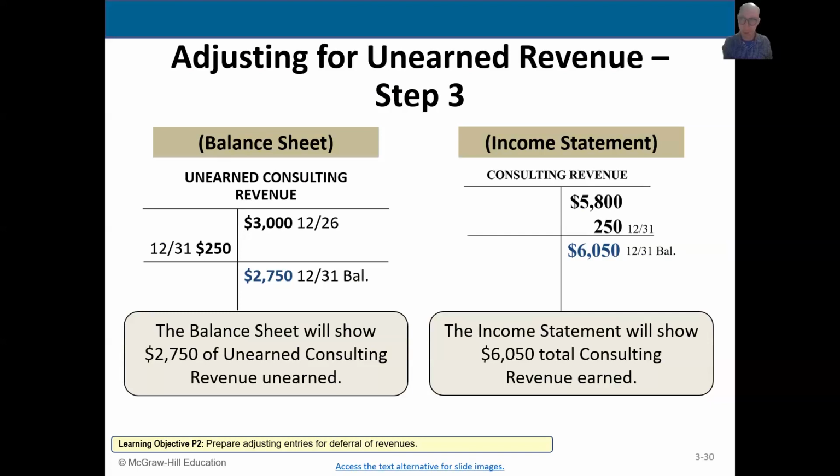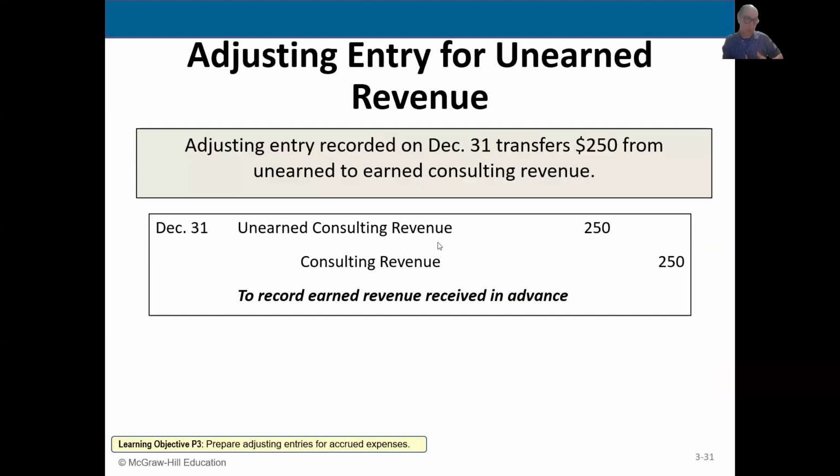What that does is it reduces the unearned revenue balance. It increases our revenue balance on our income statement. And so this is the adjusting entry that we make. So that is an example of unearned revenue.